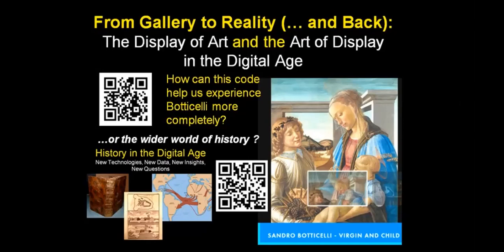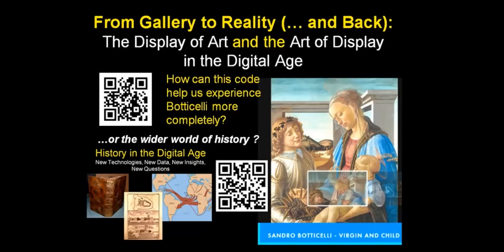Similarly, you can see how it's linked to other historical material, whether that material be from the slave trade period or from the Botticelli moment in Italian and Renaissance art.